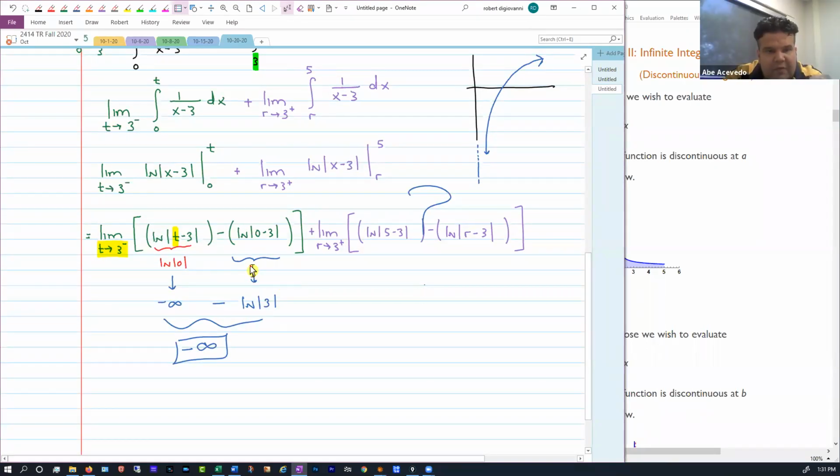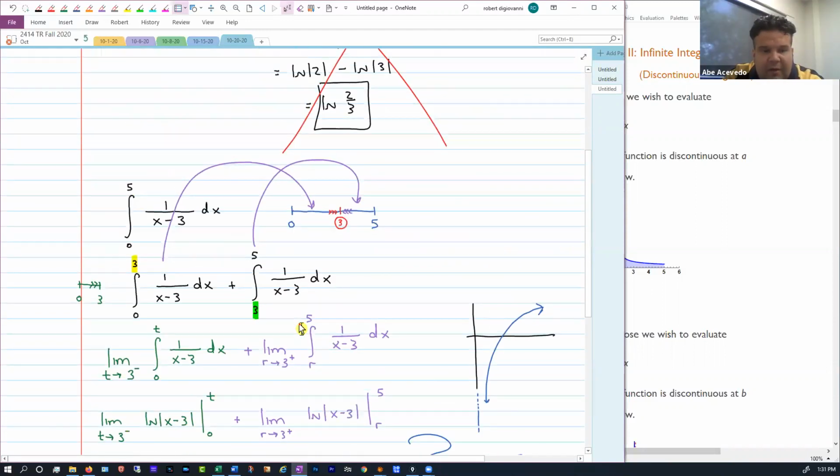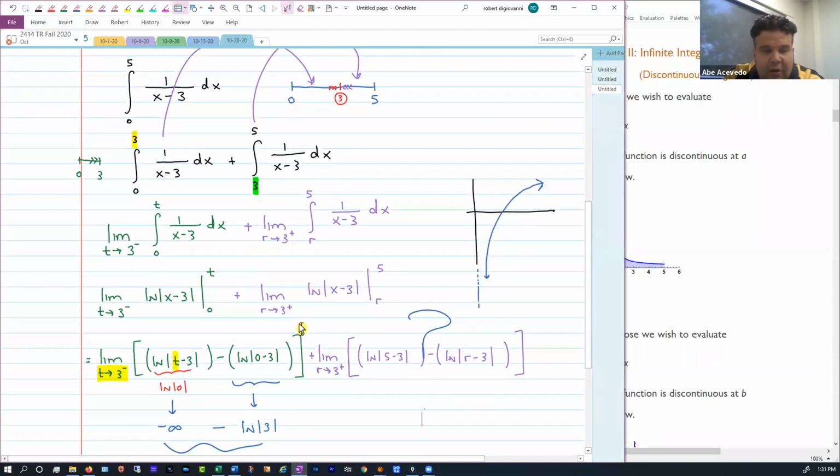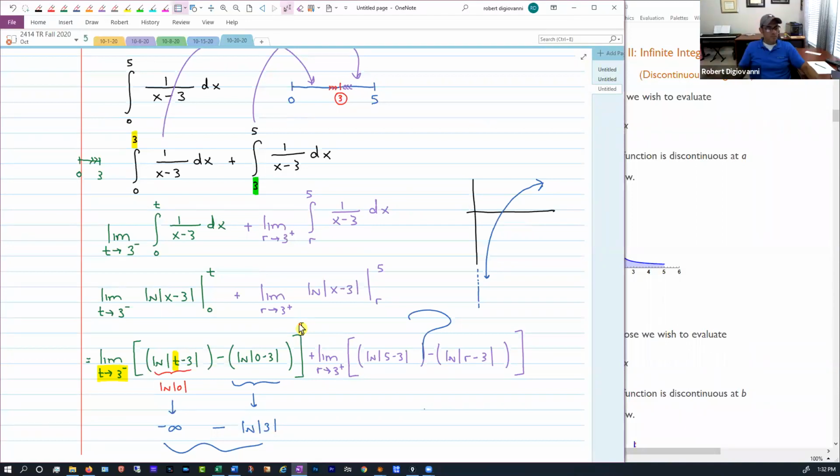So what will happen if instead of the 1 in the limit, we have a 0? We have 1 over x minus 3. What if it's a 0, or if it's another variable?